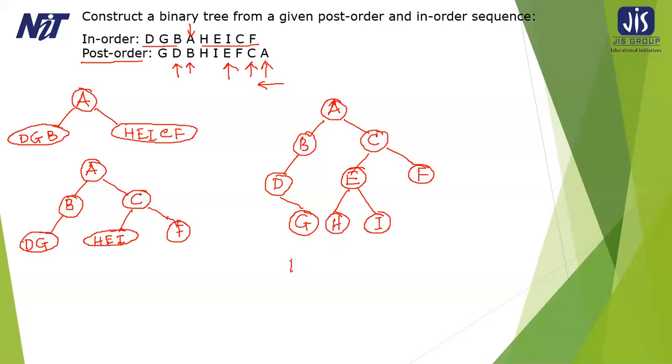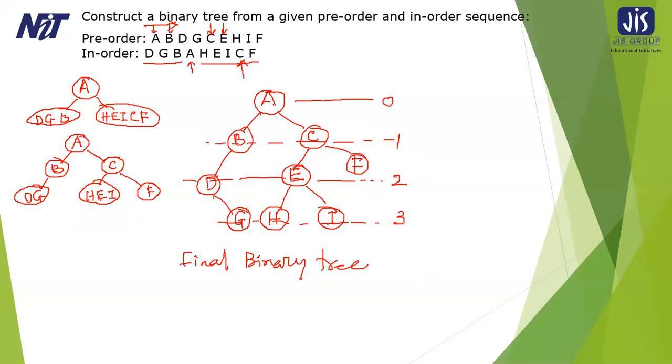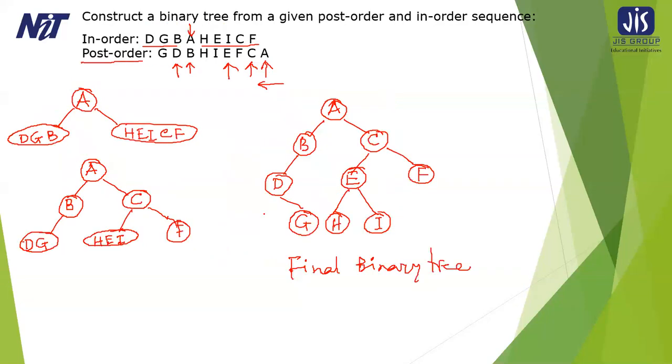So this is my final binary tree using the given in-order and post-order sequence. We can also check with the previous one, that it is also A, B, C, D, E, F, then G, H, I. So that is the same tree you have taken for the in-order, pre-order and post-order sequences.